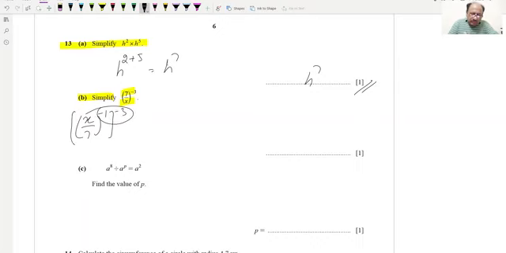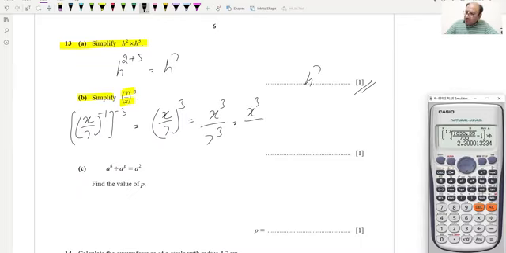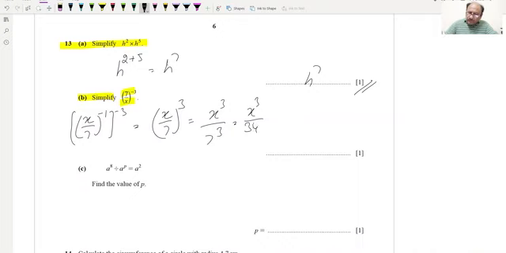These two will be multiplied, so it will be equal to x by 7 raised to the power 3, so this will be x cubed over 7 cubed. 7 raised to the power 3 will be equal to 343, and our answer will be x cubed over 343, and this is for 1 mark.